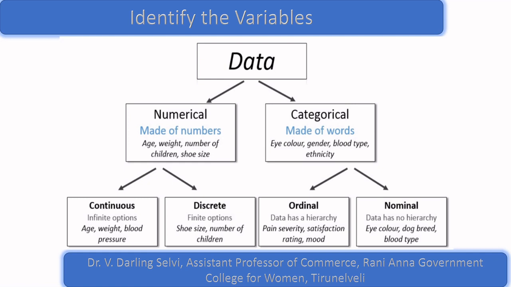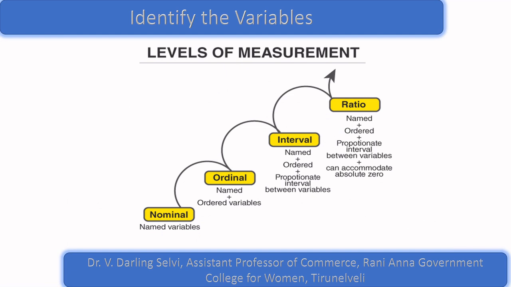Also, the hierarchy will be there. Under nominal, data has no hierarchy like that. So we can put it as it is without any deviation. Eye color, dog breed, blood type. We can say it exactly. So that is nominal. So this is the basic thing you need to recognize and identify.